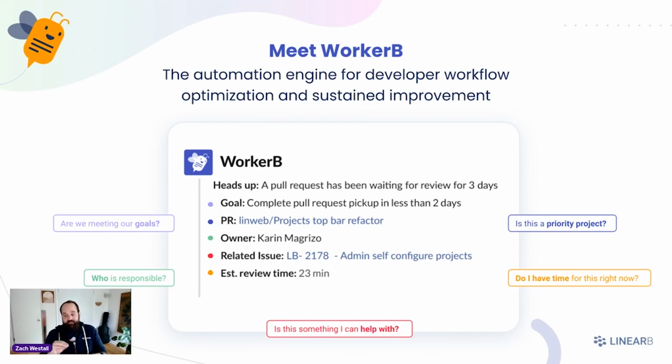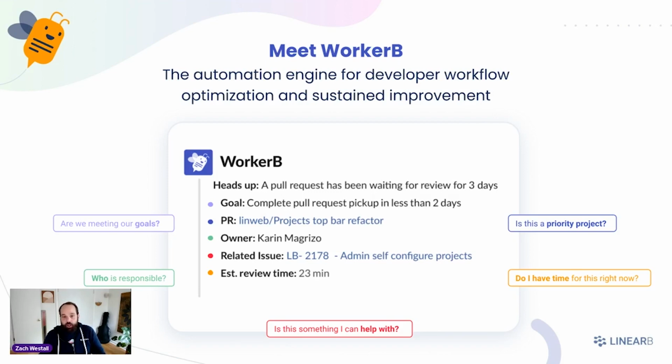And again, if you're in deep focused work and you don't have time for this right now, go ahead and snooze it. Again, it aligns to you, but it tells you what's going on, what the goal is, reminding everyone of that goal that we set as a team, what the actual pull request is, who owns it, what the related issue is, and how long it will take you to review it.